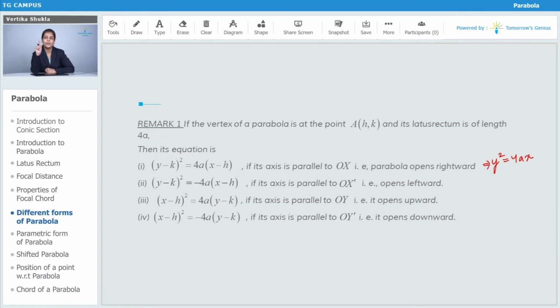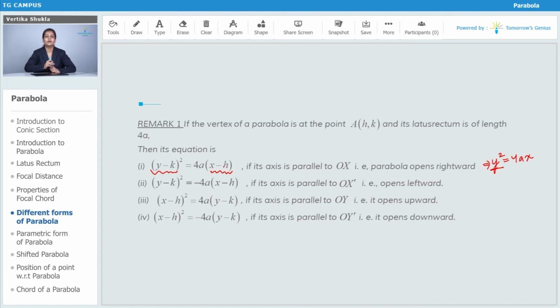Now, the parabola is similar to y square is equal to 4ax, but for y square is equal to 4x, what is the vertex? The vertex is 0, 0. So, when the vertex shifts to h, k, y is replaced by y minus k and x is replaced by x minus h.